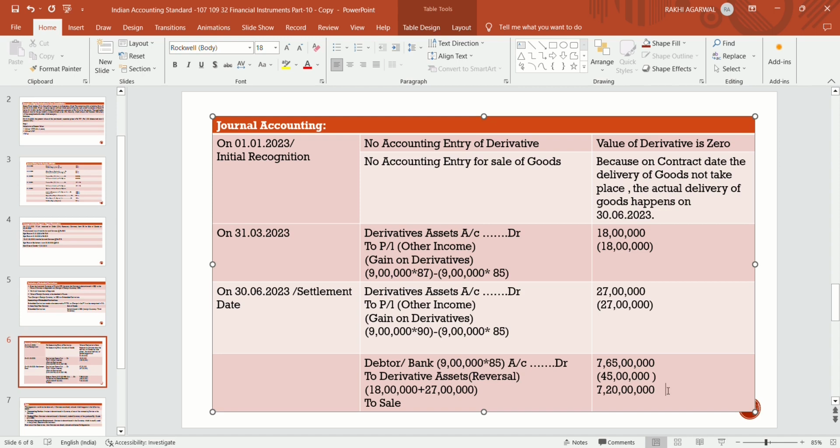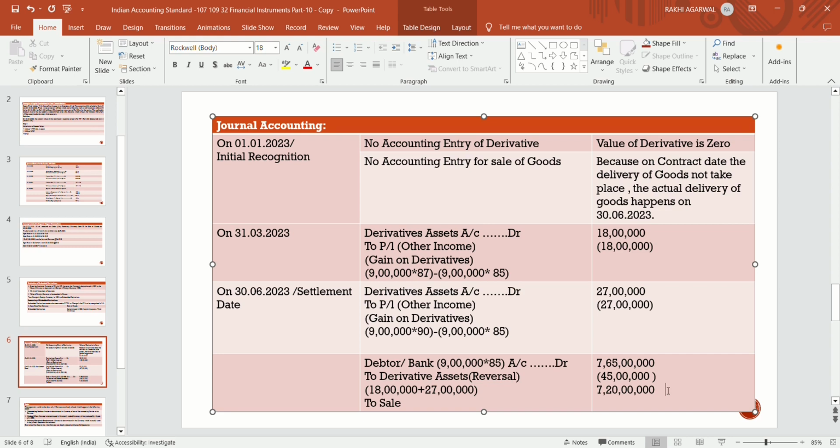On the date of settlement, that is on 30th June 2023, there is again a gain because the dollar rate increased from 87 to 90. The contract is entered for 85, and the spot rate on the date of settlement becomes 90, so there is a gain of 5 rupees per dollar.